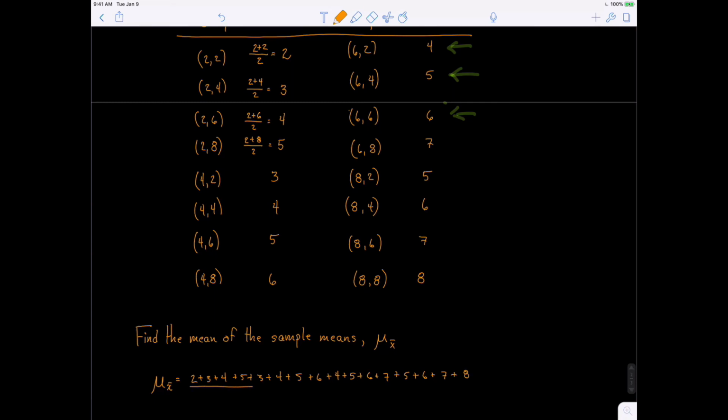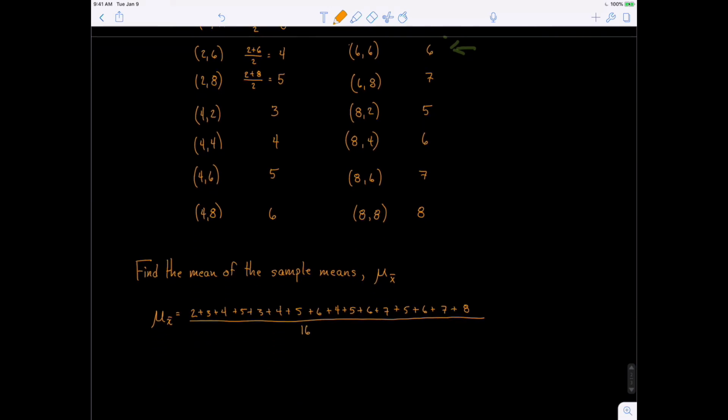I'm going to add all of those together, and notice there's 16 of them, so I'm going to divide all that by 16. And I'm going to try to add these up.